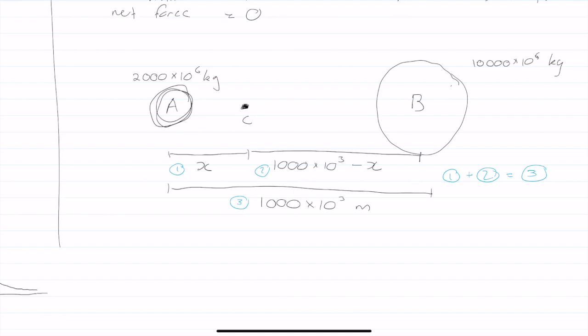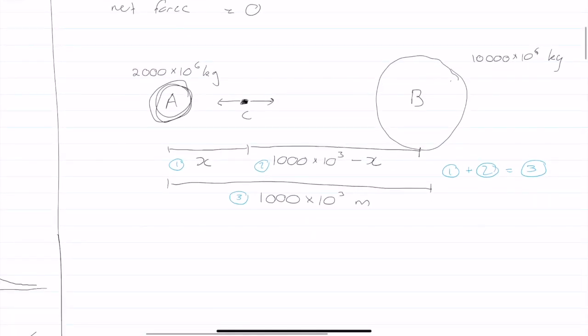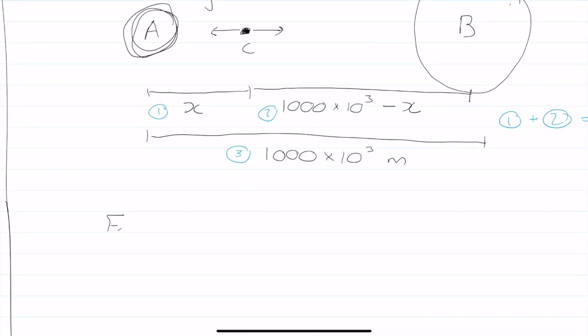Okay, so once I've done that, I want to work out the forces pulling C to the left and C to the right. So force AC is going to be equal to G M_A M_C over R_AC squared.